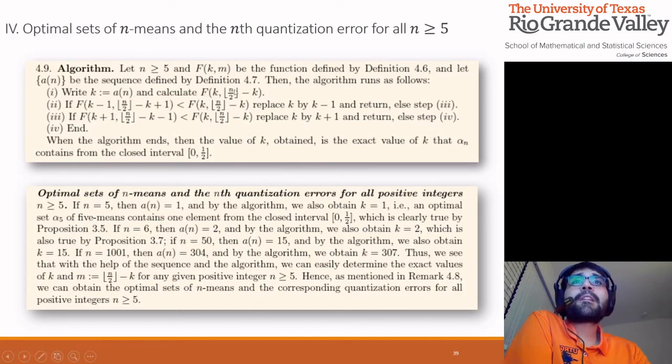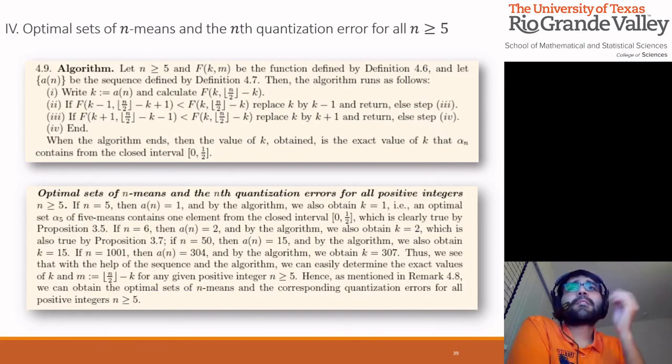So what F gives us is the minimum of those distortion errors. After finding it, we go into the sequence, move to the k minus 1 number in the sequence, and calculate again the minimum distortion error.